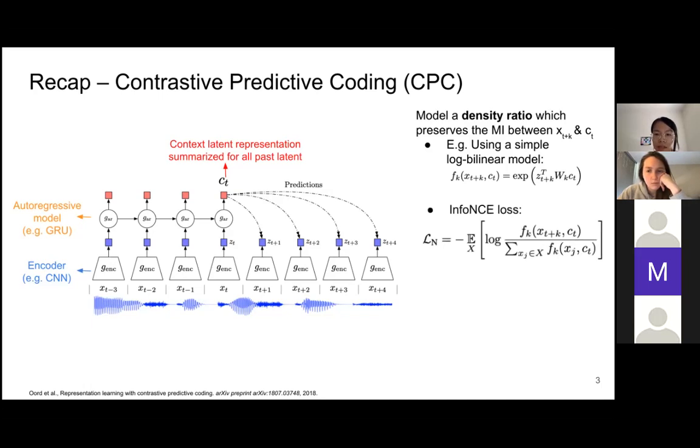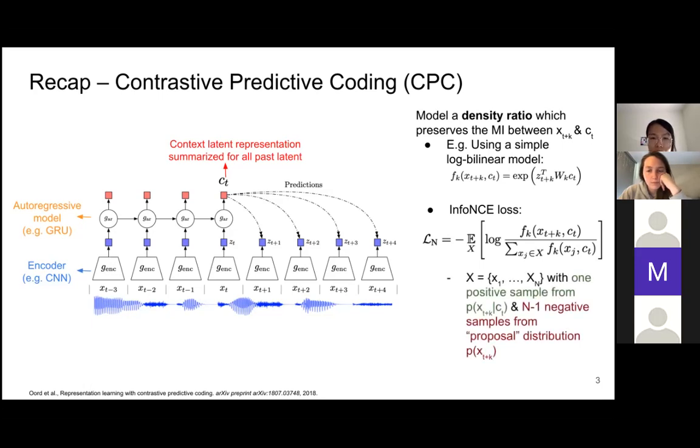And the loss is an InfoNCE loss, which is basically a softmax between the density ratio and the density ratios of the negative samples.